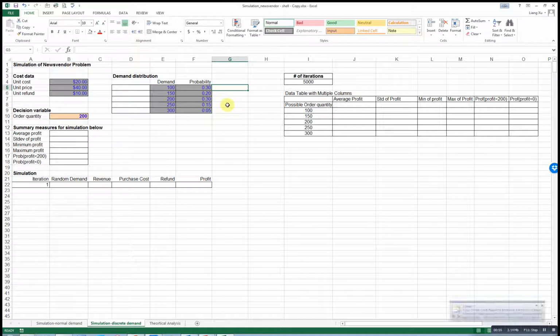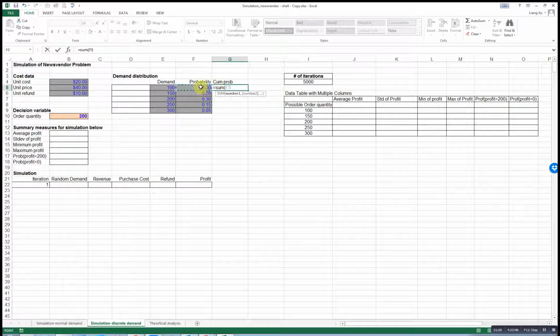To help you understand, let me first write down the cumulative probability, which is the sum of all the previous probabilities. In the first case, it is the sum of itself, and then we have to lock the first cell because we want to drag this.